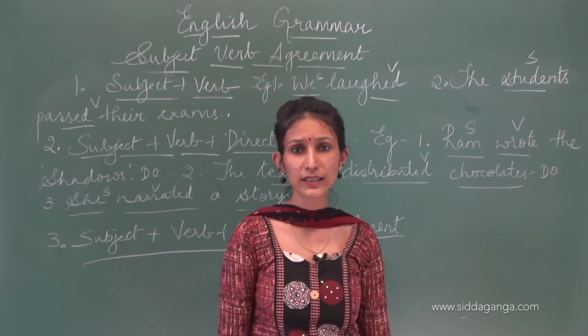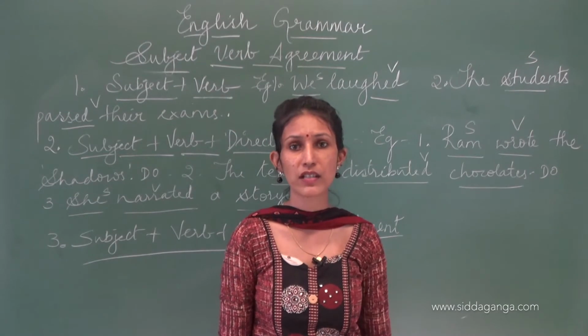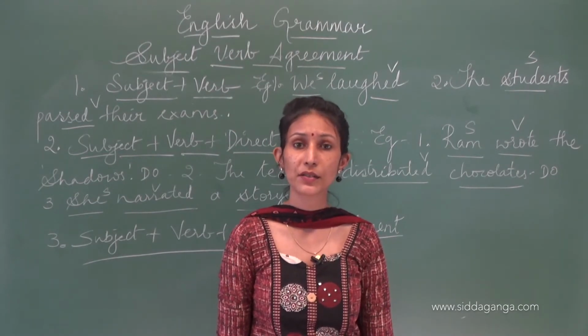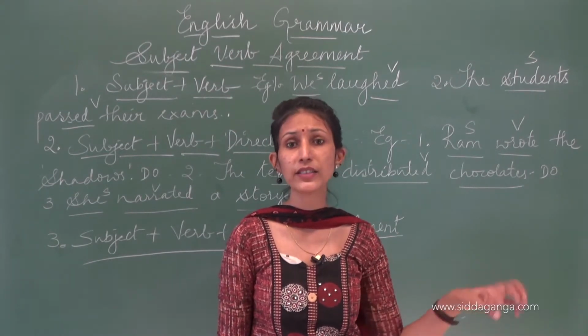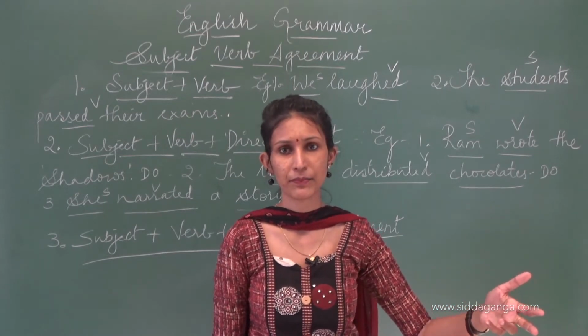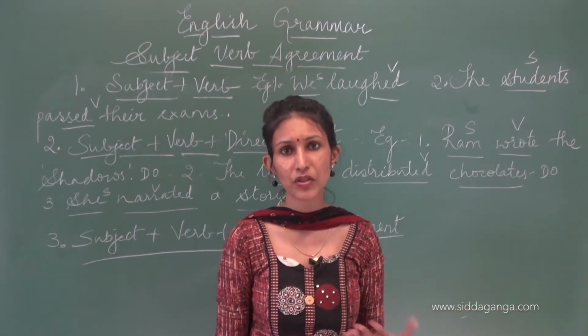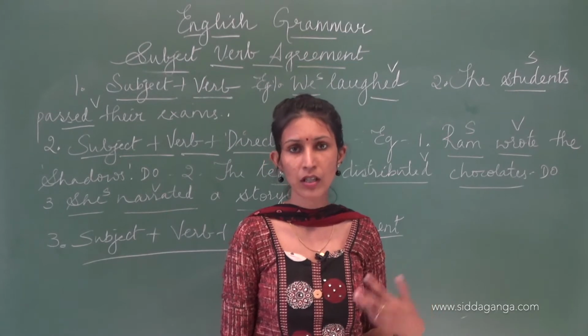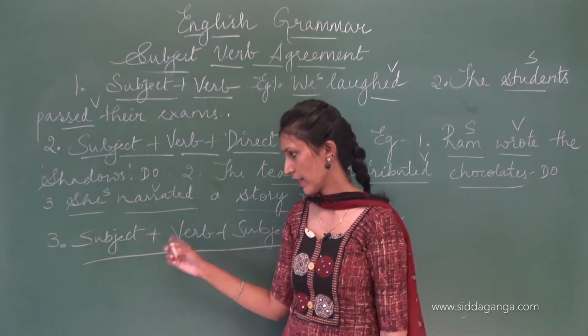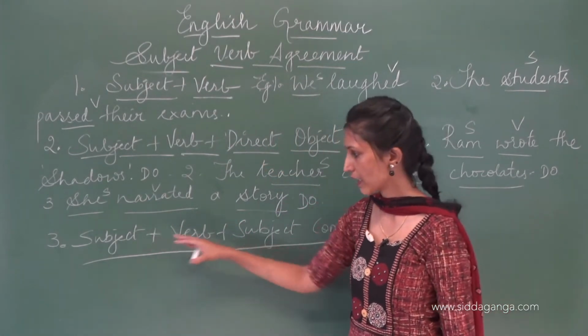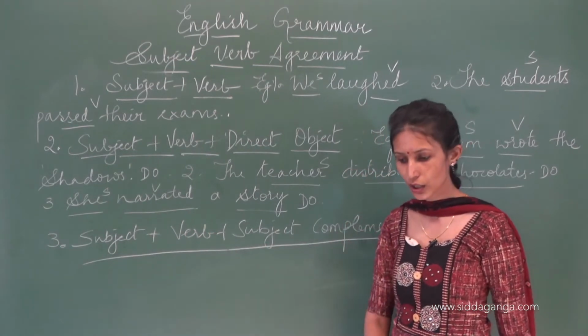You look handsome, you look beautiful, you look gorgeous, whatever it is. Whoever the boy or the girl is, you're complimenting them. You're wishing them good. Here, the same thing applies. Subject plus verb plus subject complement.